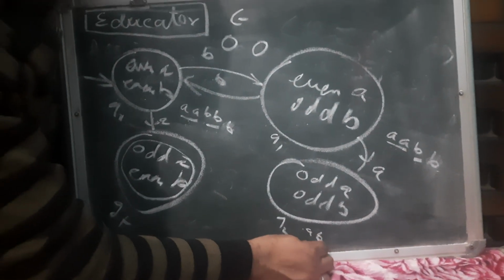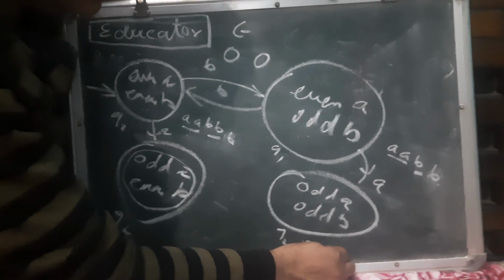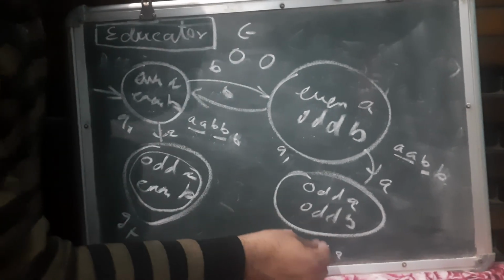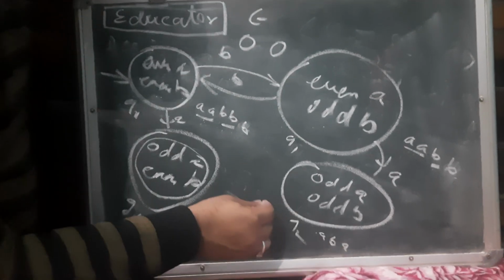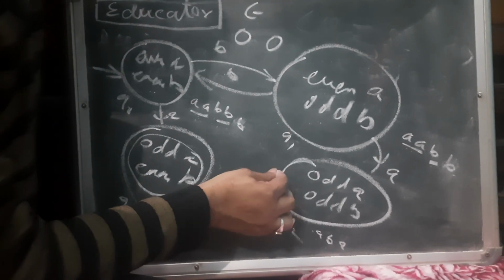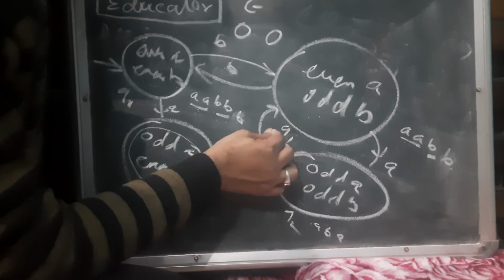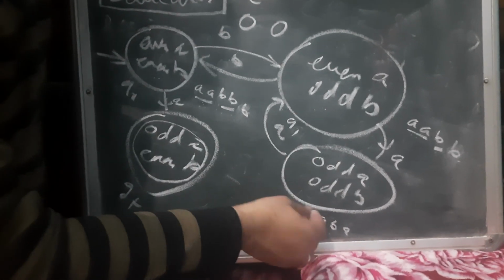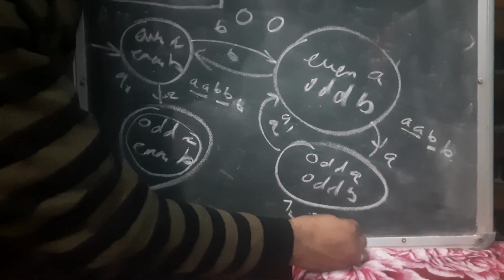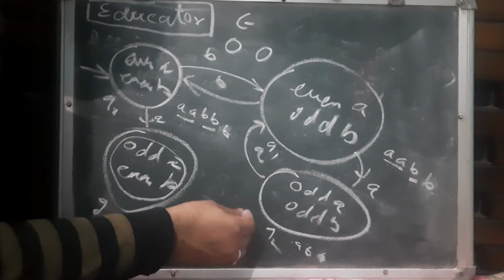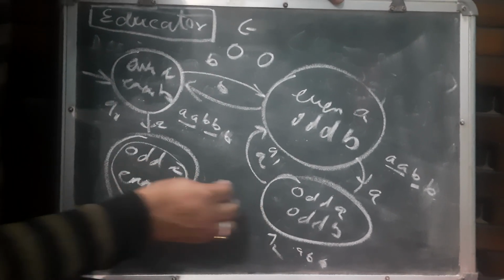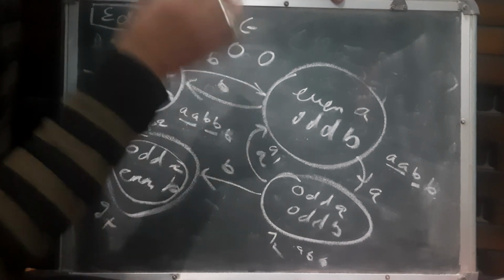So, odd A, odd B. Now, let us take, we received A. So, on receiving A the count becomes even and B remains odd. So it goes to the state even A, odd B. So this one state. Now the B transition is easy. On B transition, A will remain in the odd configuration and B will switch to the even configuration. So we will come to odd A, even B. So this will be the transition.